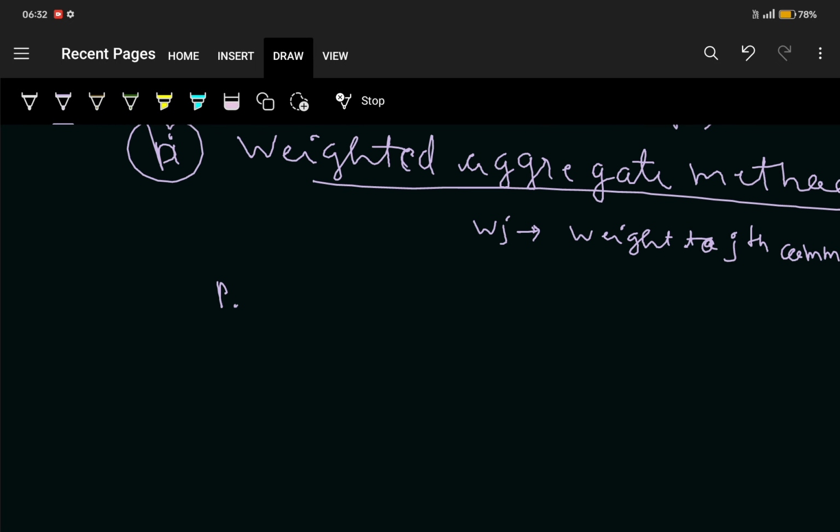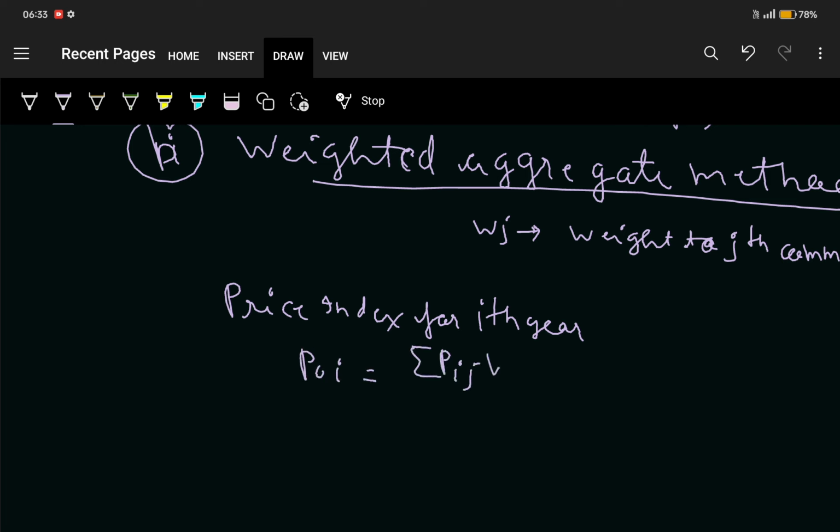So price index for ith year equal to P0i, summation Pij into Wj.